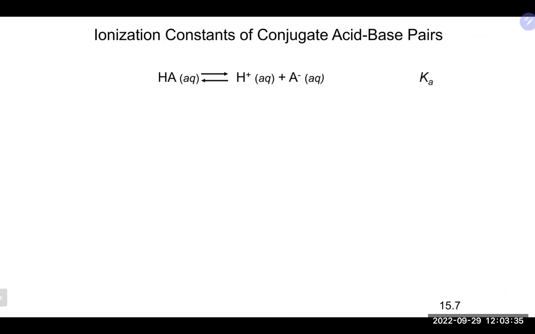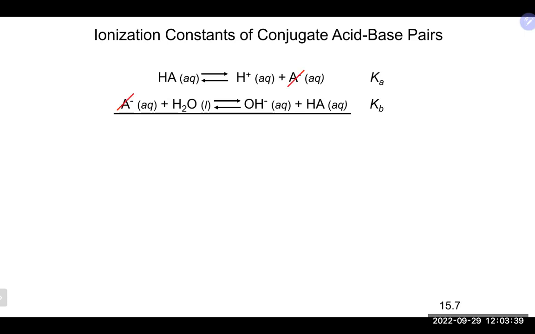All right, so let's talk about an important relationship between Ka and Kb. If we take a weak acid equation with a Ka value like we have at the top there, and we add it to a weak base reaction like we have on the bottom with a Kb, we basically will make water, which is Kw.